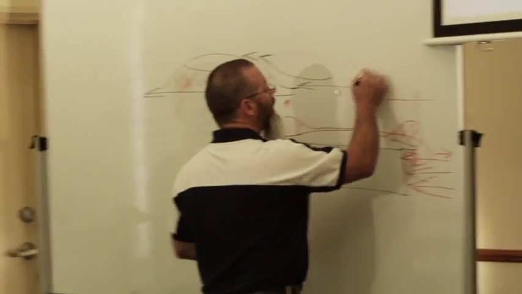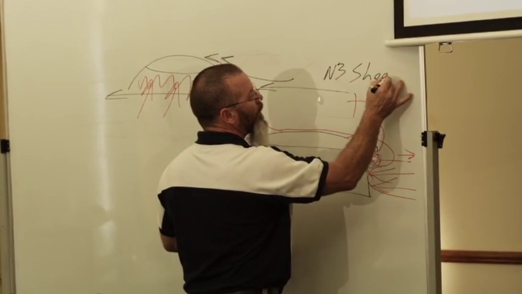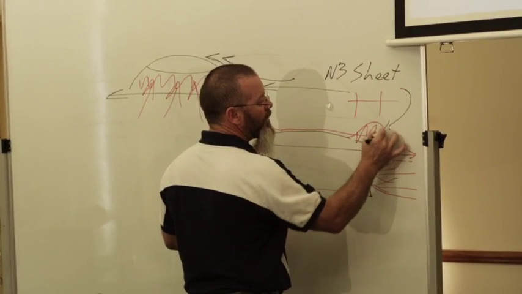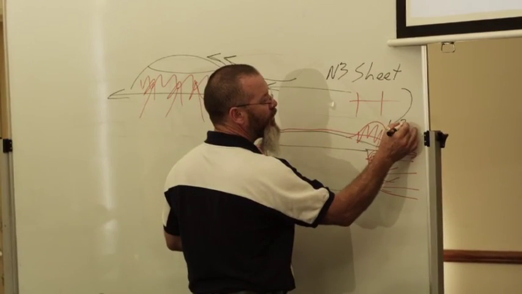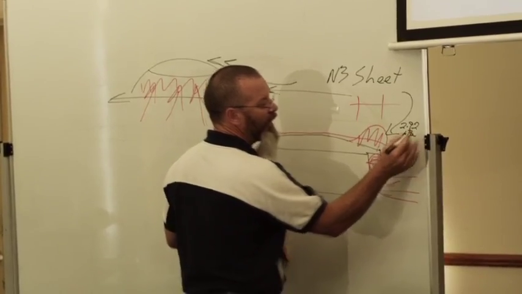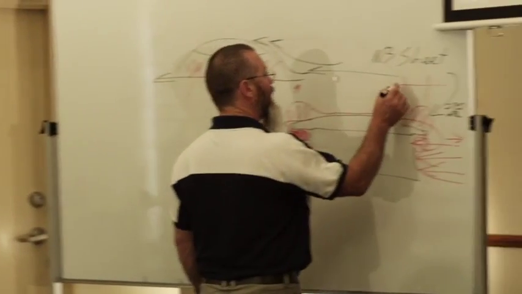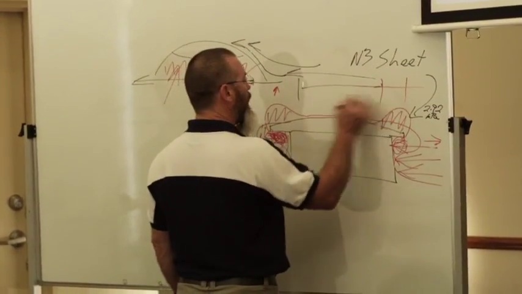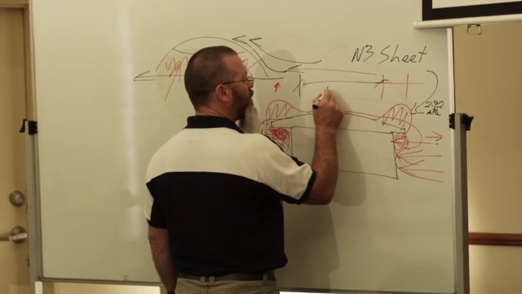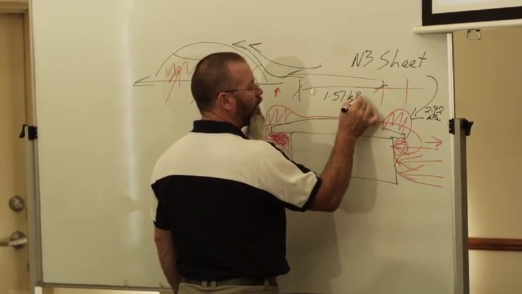So N3 sheet on the edges just here, it's 2.92, and that's kPa, little k, capital P, little a. And in the general area, it's 1.57. So this area from here to here, the pressure is 1.57 kPa.